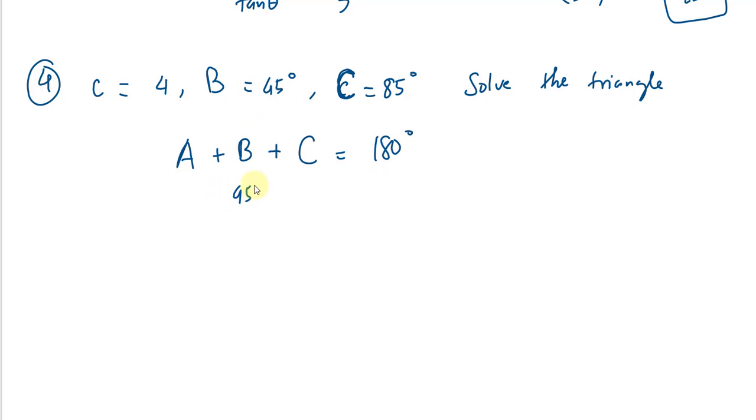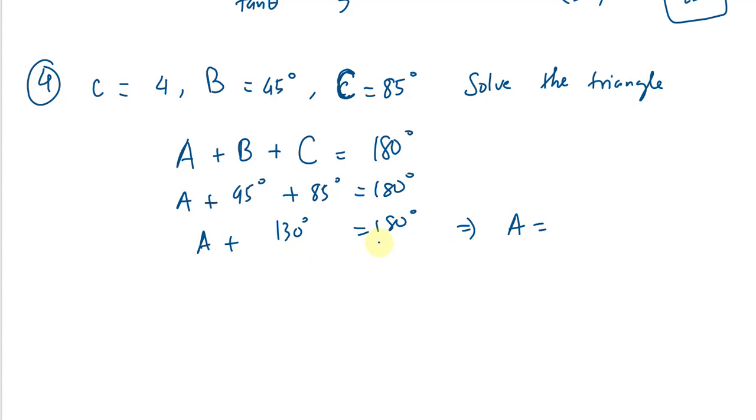But B is 45 degrees, C is 85. So how do I find A? We know that 45 plus 85 is 130 degrees, equal to 180 minus A, and therefore A is 50 degrees.